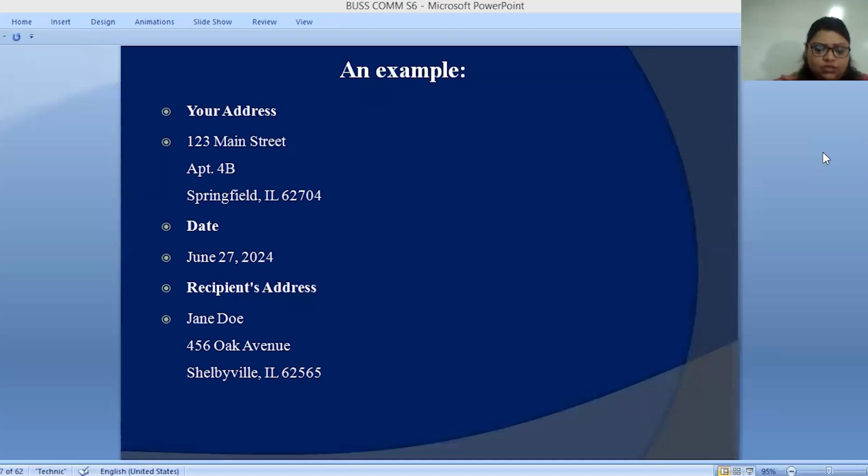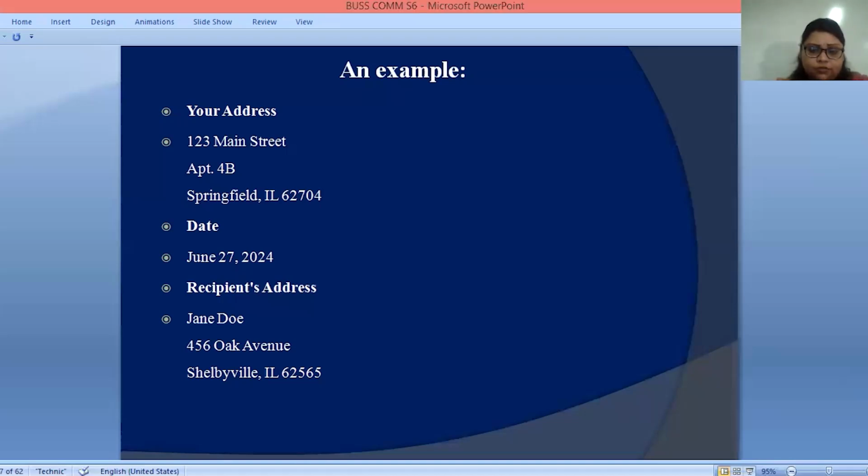There is no such standard format, but this is the general format in which a person has written a letter to his friend. In this, first you have to mention your address, where you live, then your date, then the recipient's address to whom you are sending the letter.